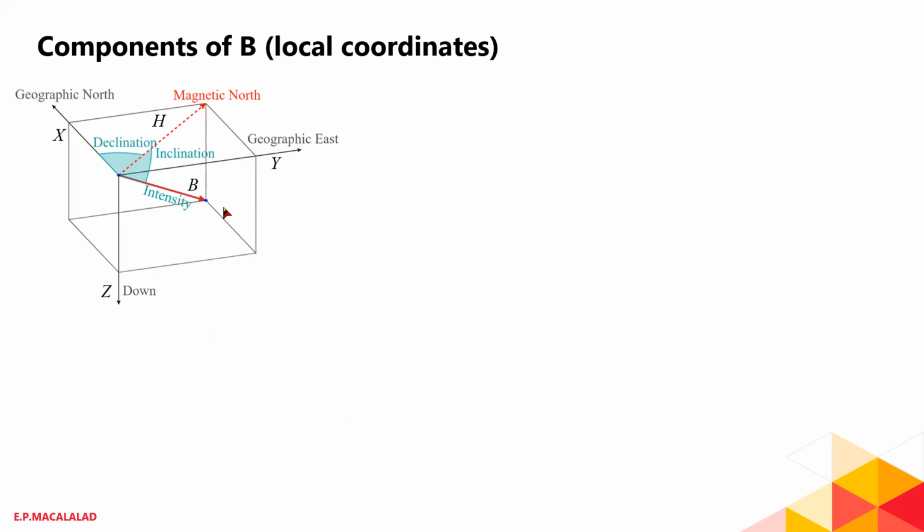This is in local coordinates. If this is your magnetic field, it has three components: your X component, your Y component, and your Z component. Take note, your X component of this magnetic field points toward the geographic north. The Y component of the magnetic field points towards the east direction. And then the Z component points downward.